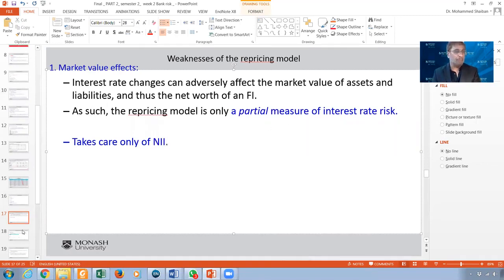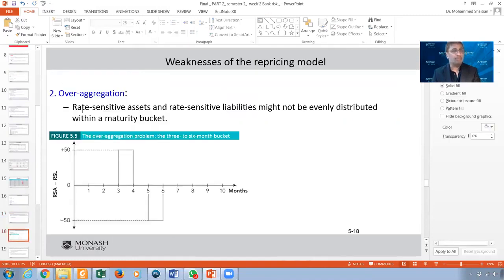Okay. The second thing is they say over aggregation. Look, when you look at the buckets, for example, this bucket is from week 1, from month 1 to 6. Actually, we assume we are saying, oh, all of those, for example, you are calculating in the bank, the ones within this bucket is actually 0 according to this, because you have in week 1 there is nothing, week 2 there is nothing, there is no gaps.